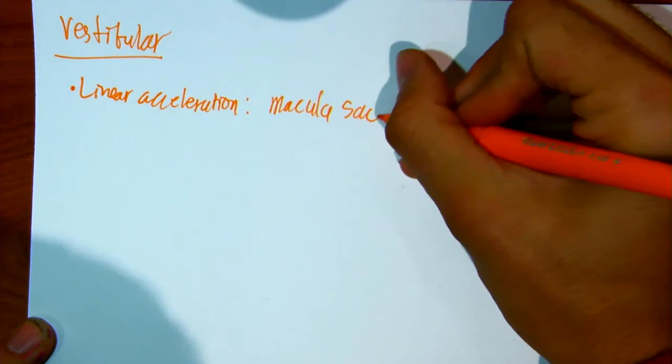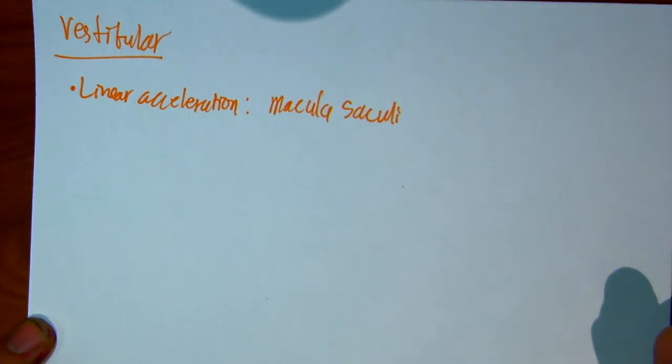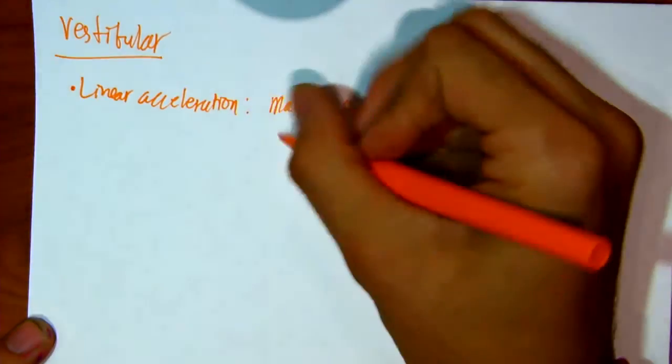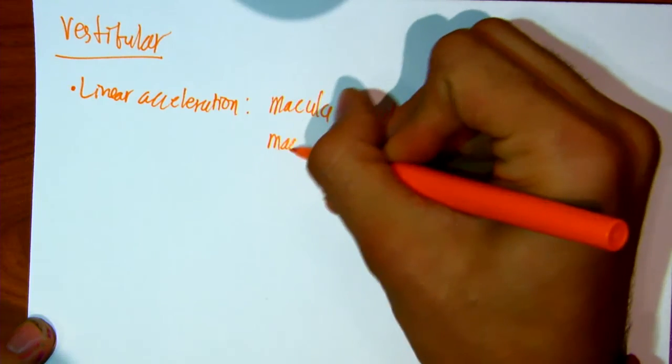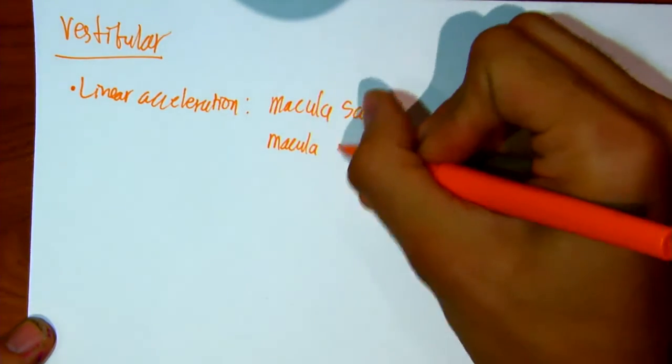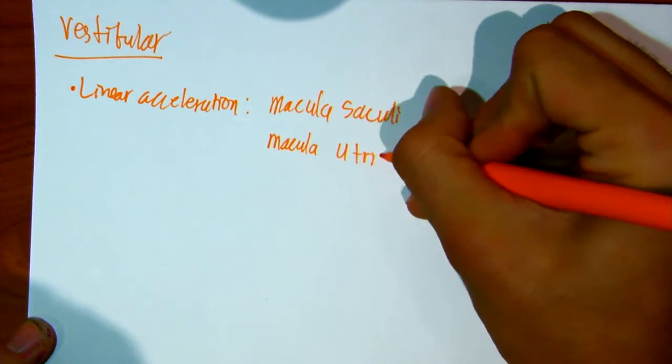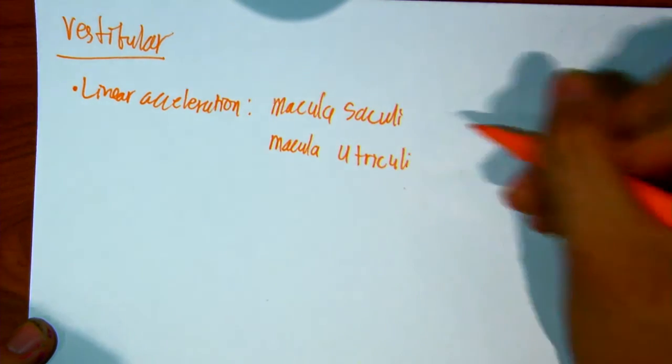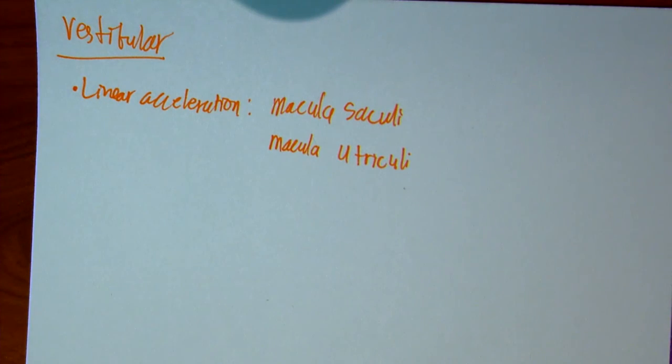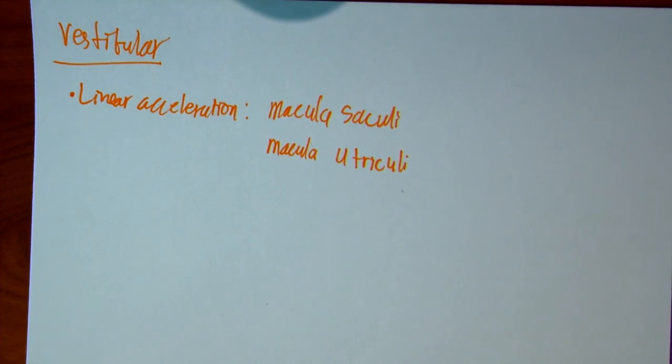So macula sacculi. For linear acceleration, you have more macula cells, but located in a different area, the utricle. So you have macula utriculi. These will help detect linear acceleration.